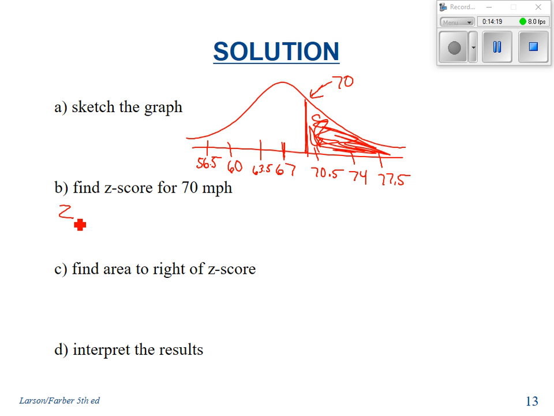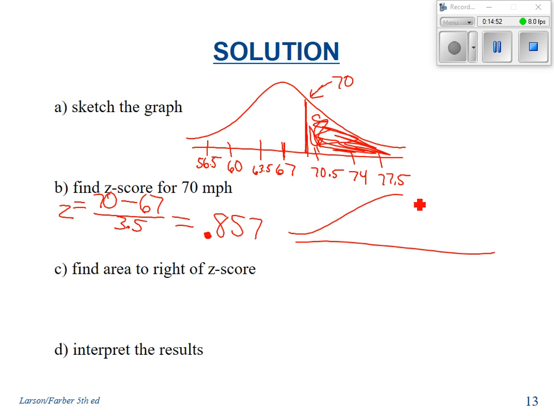The way we change it to a z-score, we take 70 minus 67. 67 was our mean, right? Divided by 3.5. Somebody help me out with the calculator. What's 70 minus 67 divided by 3.5? So that's our z-score. If we were on our normal curve looking at z-scores, that would be 0.